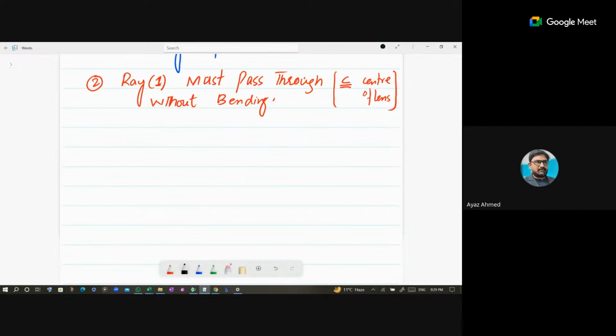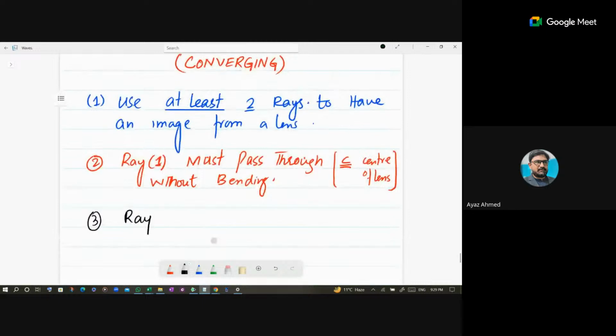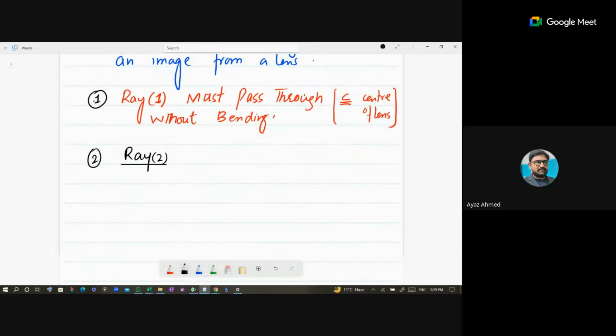Then at step number 3, you have to draw this by all means. Let's say this is your ray 1, this is your ray 2, so you will not get confused. Ray 2, before entering the lens, must be parallel to the principal axis.